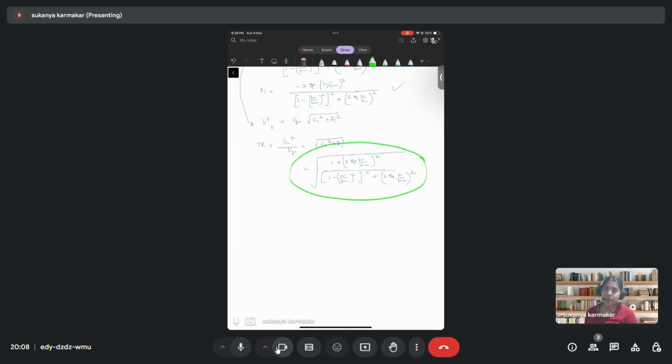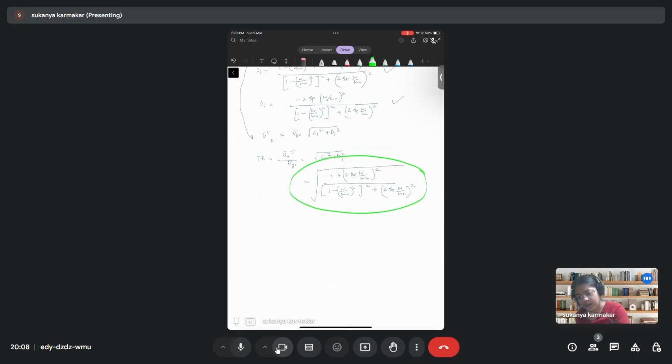That is the definition of transmissibility: how much is the spring mass system moving? And if you want to write this in terms of displacement of the body, the expression remains the same, that is U naught by U ground, that is the same expression in terms of displacement.